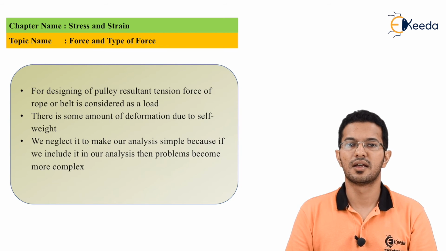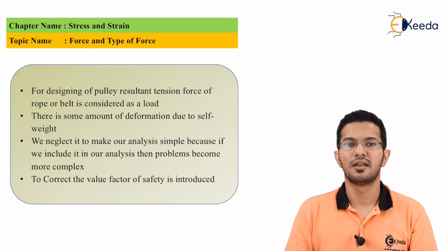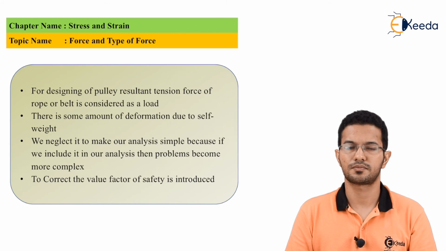We see that there is a deformation in the rubber block. Although it is a very small deformation, there is a deformation due to self-weight. Similarly, in real life, to increase the height of a child, he is advised to hang from a bar. The increase in height is nothing but the displacement of some human body tissues. From the above examples, we see that there is some amount of deformation due to self-weight.